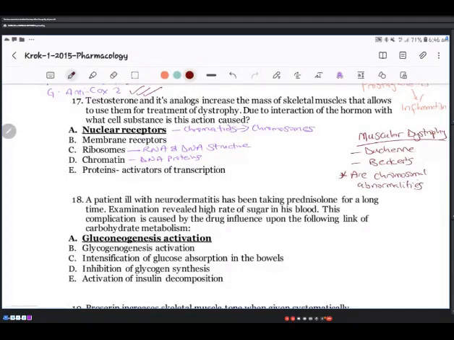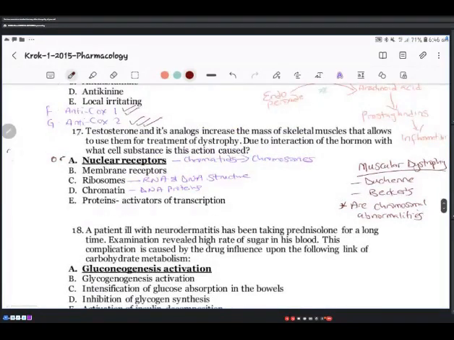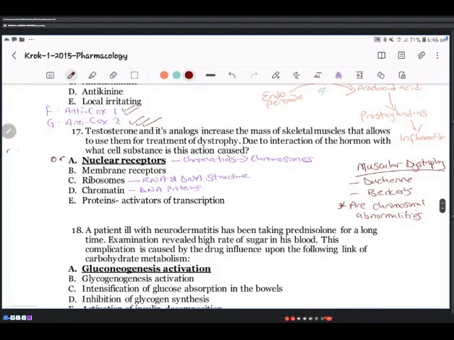So that's what I talk about, the nucleus of the cell. This is the answer, cell nucleus. So how do you see the option here?